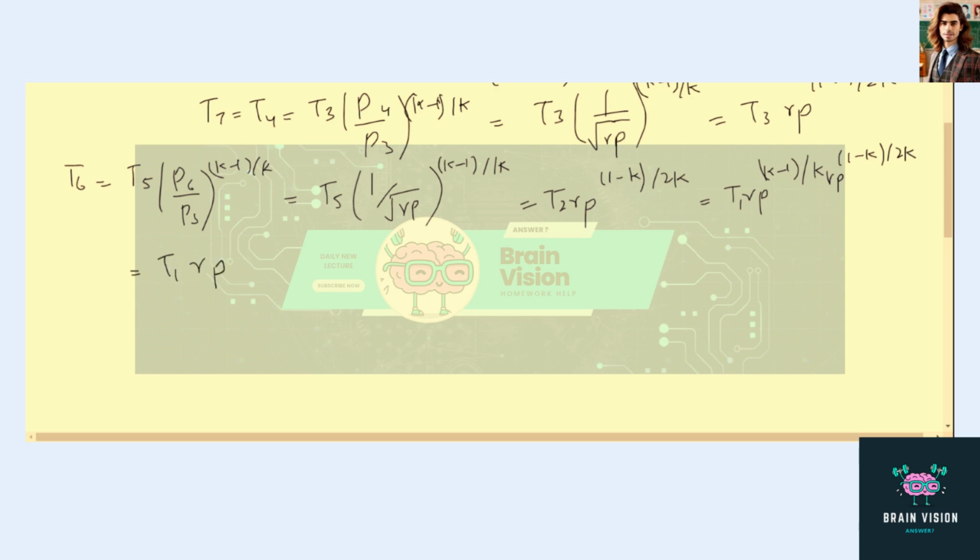It will become T1 Rp power K minus 1 divided by 2K.